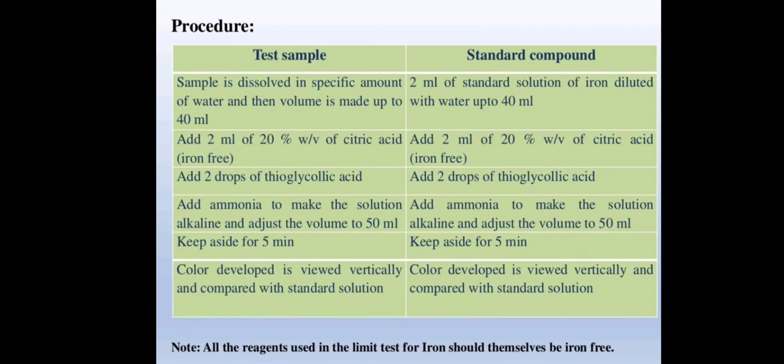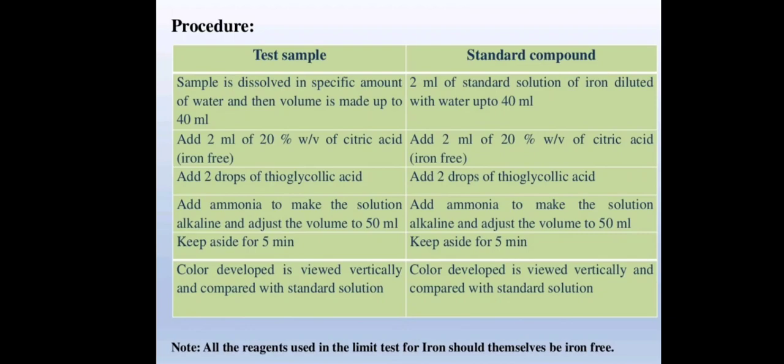So first take two Nessler cylinders. One is labeled as the test, and the other is the standard. In the test cylinder, first of all, dissolve the specified quantity of substance as given in the monograph, or prepared as directed in the individual monograph, and add up to 40 ml of water.